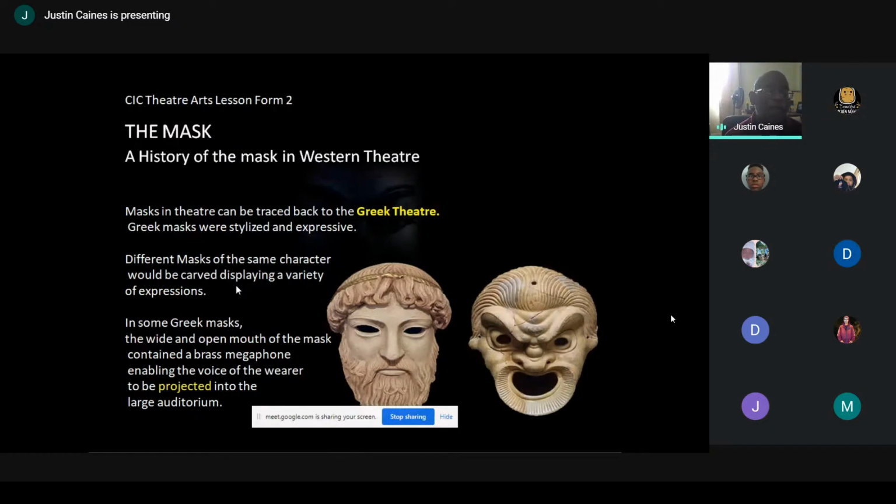And of course, like we did last week in Greek theater, you were so far away that sometimes the only cue you could get as to how the person was feeling was the mask he wore on his face. As a result, they were very stylized, like the fellow on the right. I mean, you can see he looks very angry or something, right? And if they wanted to show him in another mood, he'd probably go off stage, put a new mask on, and come on in a different scene.